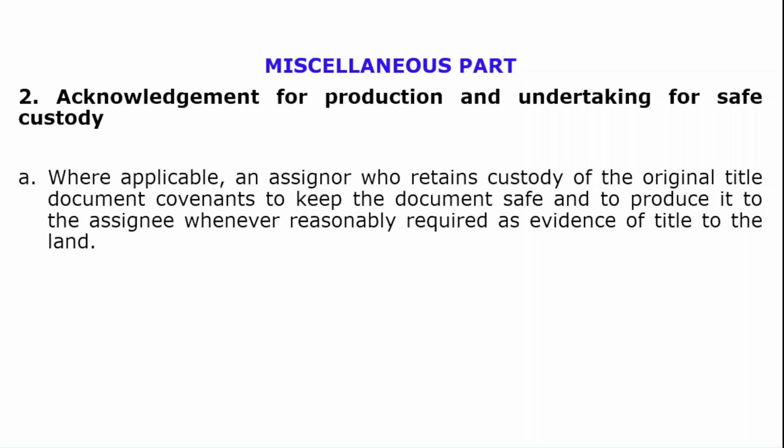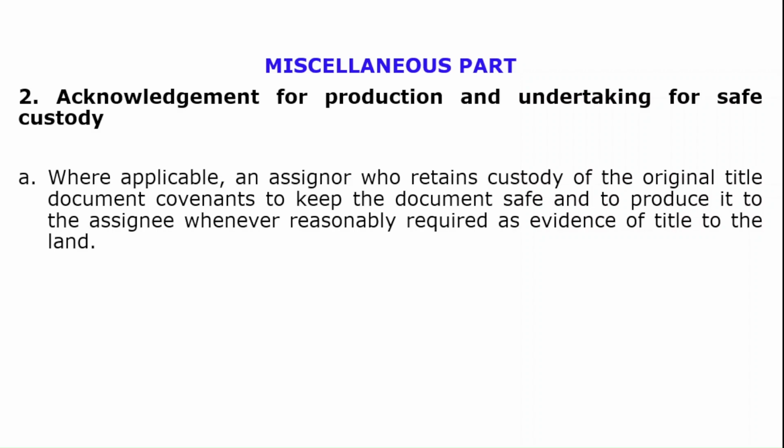In order to obtain governor's consent, Chief Adeola must present the original title document to the Honorable Minister of the FCT. Right? Now, since that document is important, the assignor has to hand over the original title document to Chief Adeola. Once Chief Adeola is done using that document to prove his title to that plot of land that Jumoke Kende had sold to him, he is to return that original title document back to Jumoke Kende.